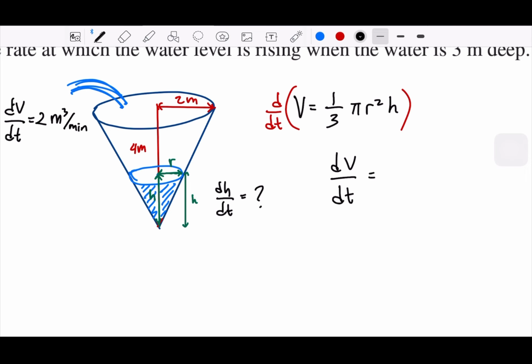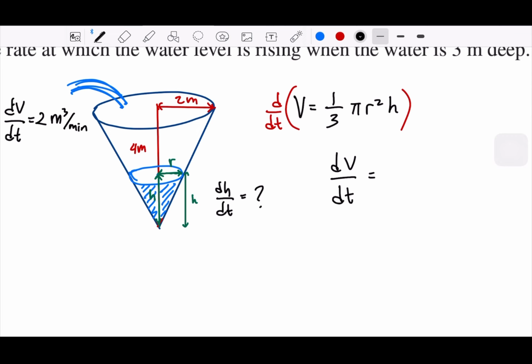But I think we have a problem here. We have r and also we have h, both of which are changing. So when we deal with this, we are having dr over dt and dh over dt. So maybe we need to simplify this first. How to simplify it and make it into just one variable?